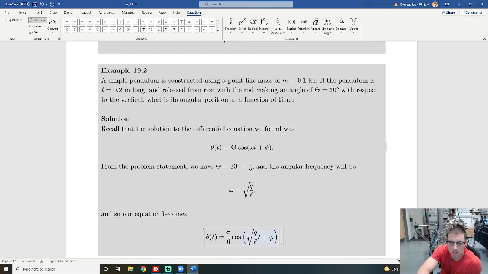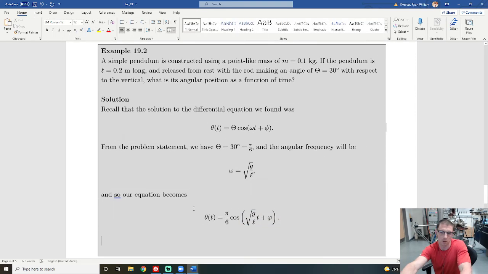Now, let me just make sure this is all good. Yeah, cool. I think this looks fine. So then all that's really left to do is solve for the phase constant, right? And so let's look at how we would do that.